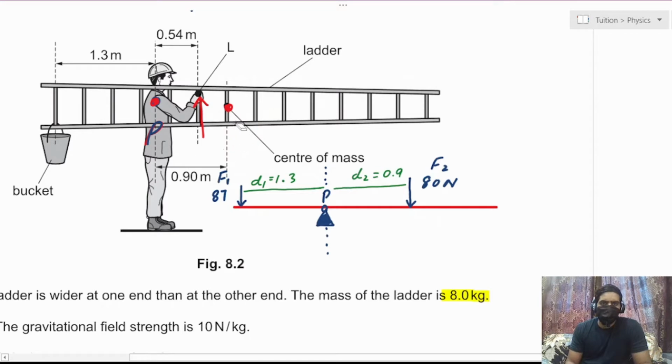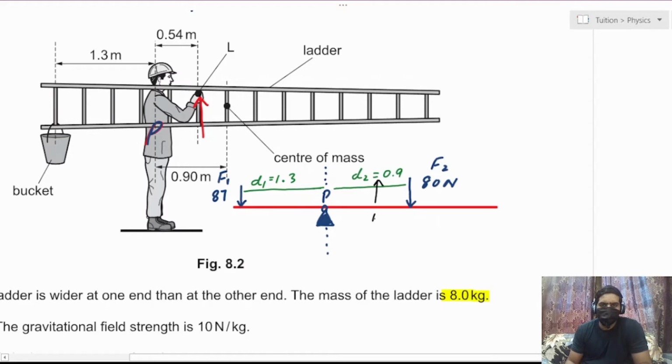And now what we are left with is the force L. They say it is a vertical force. They haven't actually mentioned the direction of it, but from the figure we can assume that this force would be upward like this, and it is at a distance of 0.54.